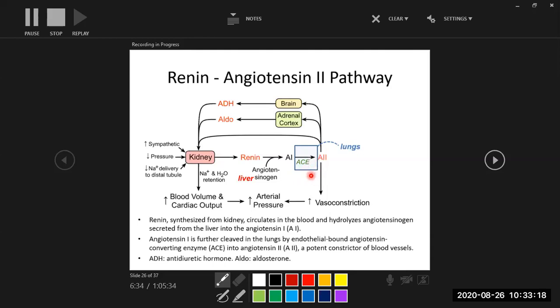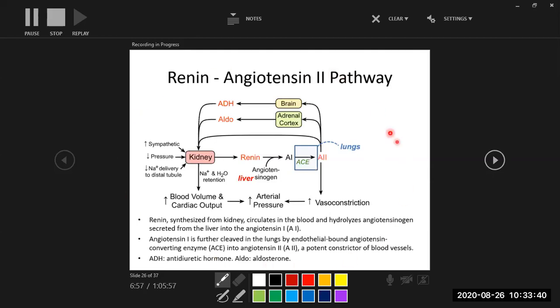So when you see this one, you know that the major function of ACE is to convert angiotensin 1 to angiotensin 2. So that's this pathway, and that's very important.